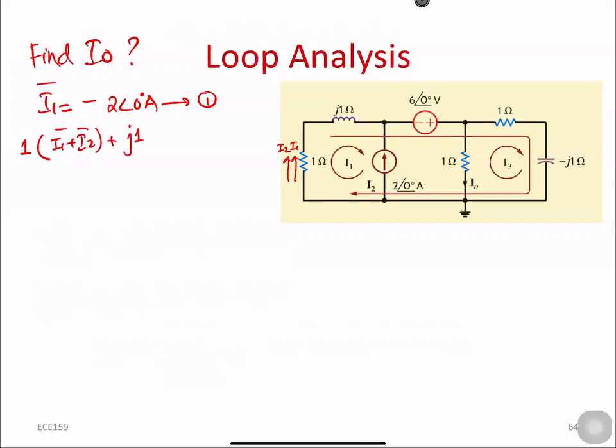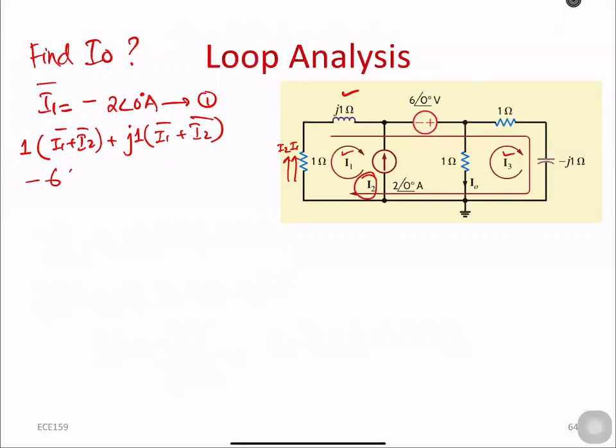In J1, we have I1 flowing, and we also have I2 flowing, right? So this is I2, this is I1, and this is I3. In J1, we again have two currents flowing, which are I1 and I2. Then we have a voltage source. Remember, this voltage source is connected with the negative terminal first and the positive terminal second.